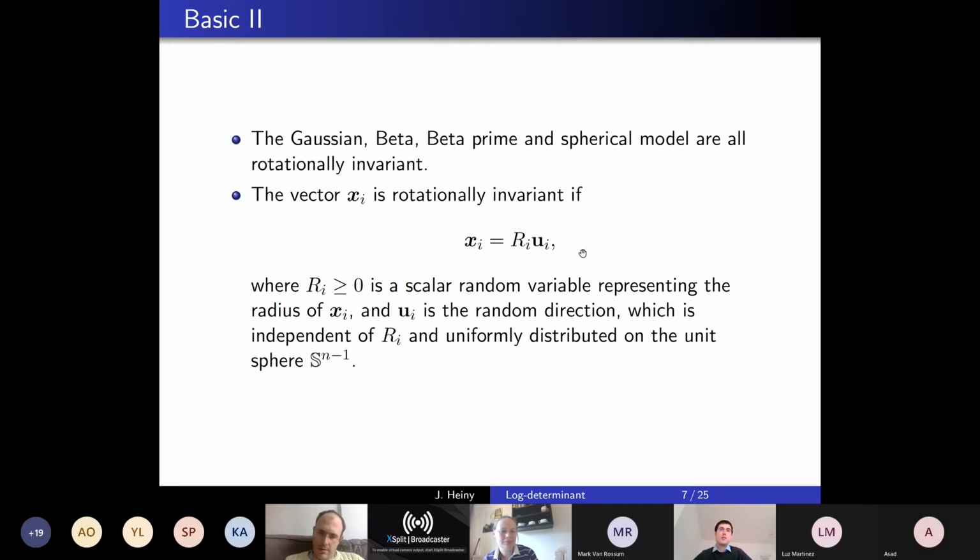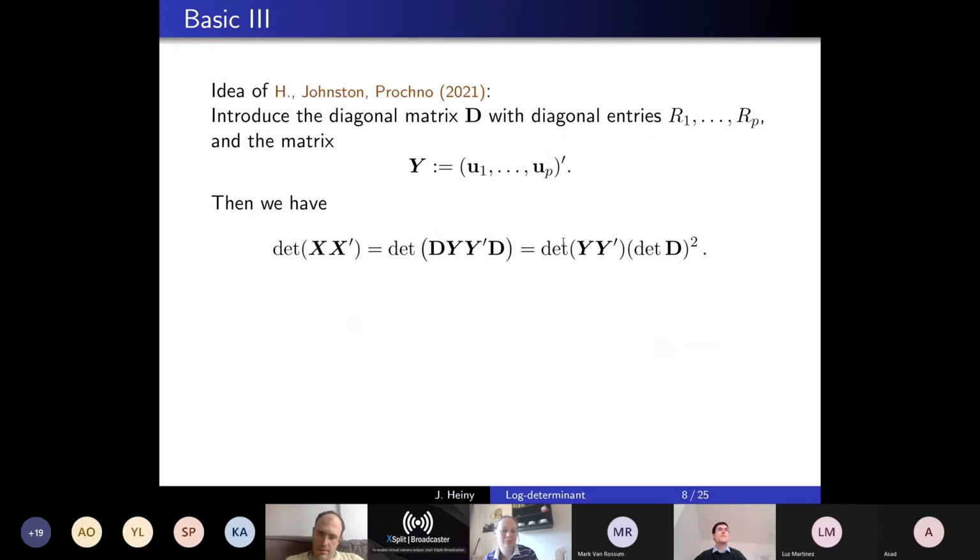And now let's try to use this representation here. Let me introduce a diagonal matrix D where I collect all the radii on the diagonal, and then a matrix Y, which contains the directions.